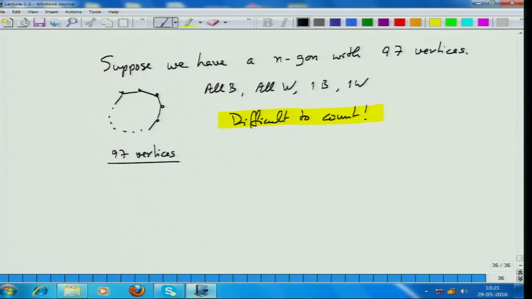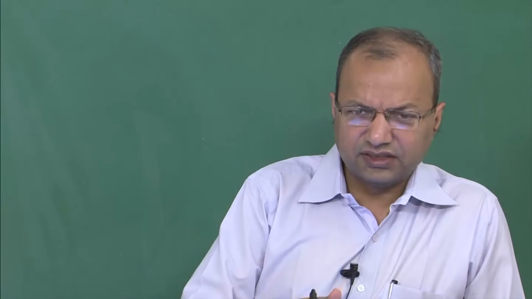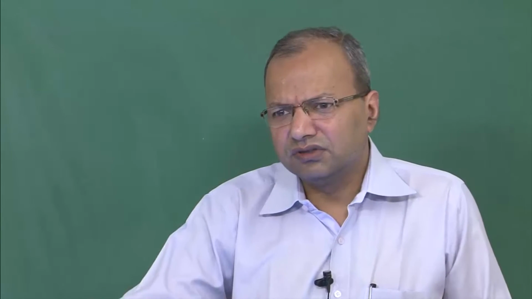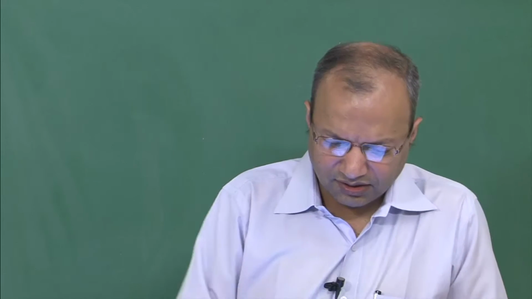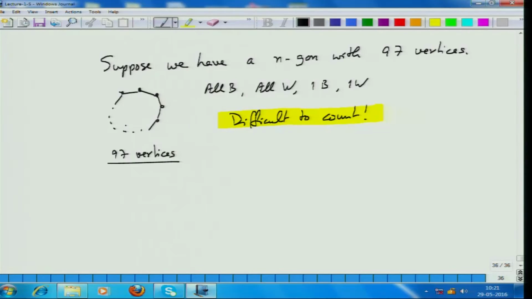When I say a rotational symmetry, what does it really mean? A rotation is a mapping, or a rotation by a certain number, right? There are 97 vertices, so how many different rotations will there be? 97 different rotations, right? You can take this vertex and keep it to itself, that is a trivial rotation, there is no rotation. Or send it to the first one, or second one, or third one. Once you fix the mapping of a vertex to another vertex, all others are automatically fixed.